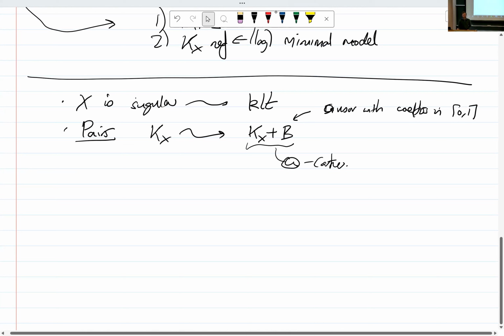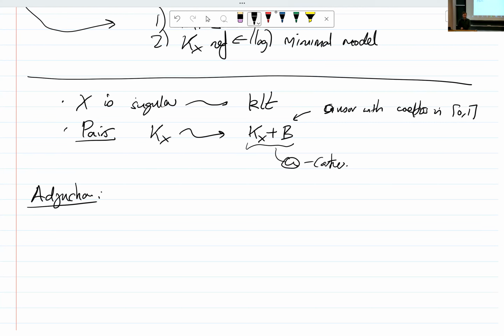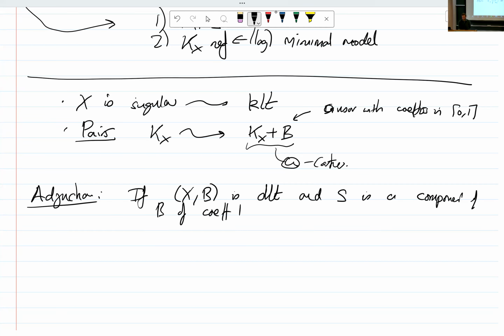But the reason we want these pairs is the adjunction formula. So I'll just write that down, adjunction. So if (X, B) is DLT, since I'm allowed coefficient 1, KLT is not necessarily enough. I want divisorially log terminal, but again, just pretend that means simple normal crossing. So (X, B) is DLT, and S is a component of B of coefficient 1.